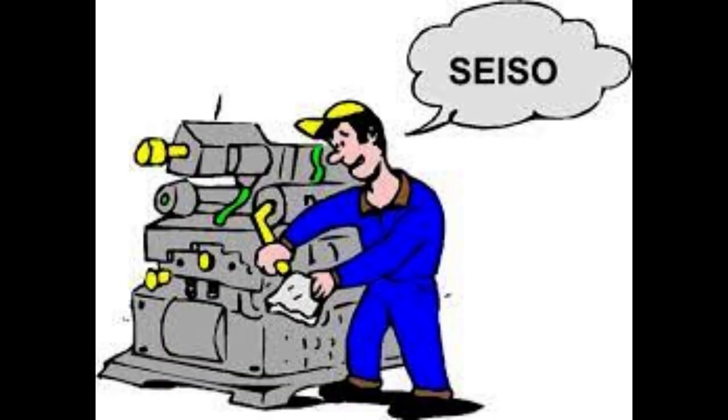The next word is seiso. It is based on identifying and eliminating sources of dirt, ensuring that all means are always in perfect condition. To keep the space clean, it is important to identify areas that are dirty.